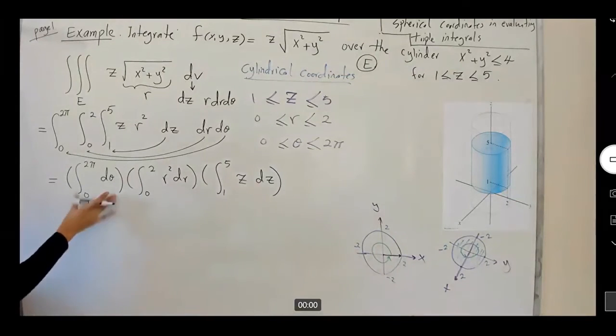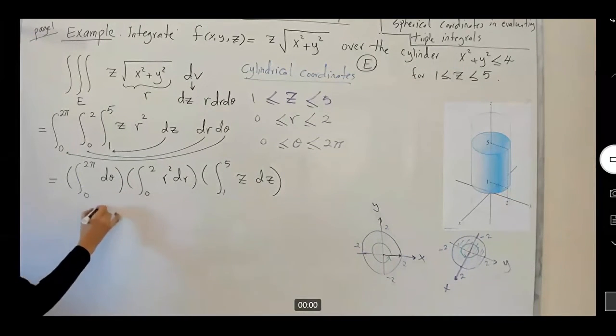So the first integral, here you have theta bounded between 0 and 2 pi.